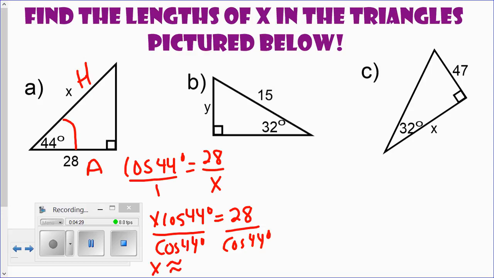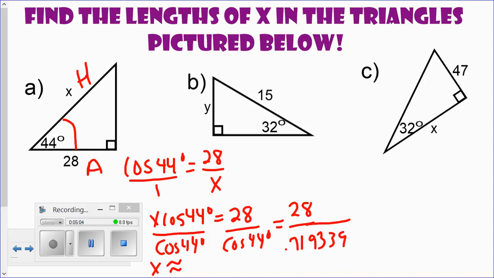In my calculator, I'm going to type 28 divided by the cosine of 44. The cosine of 44 is, and I'm just going to do it this way because it might be easier. I have 28 in the numerator divided by, I'm going to keep that decimal in my calculator, I'm getting 0.719339, and so forth.